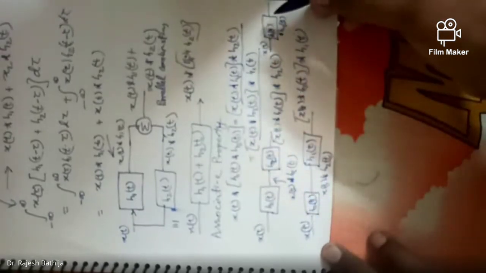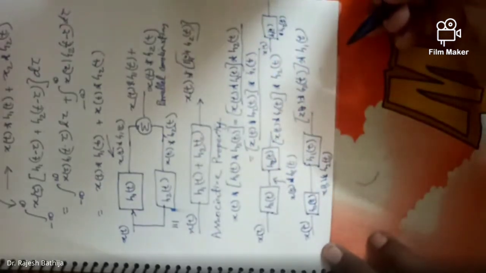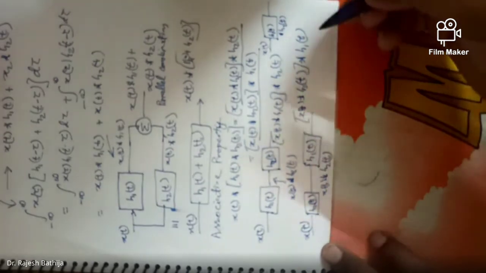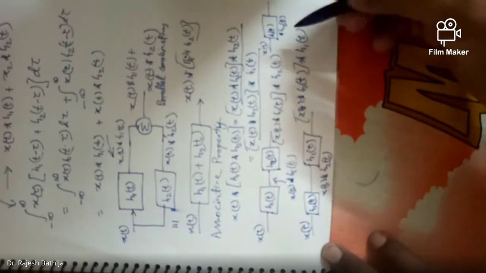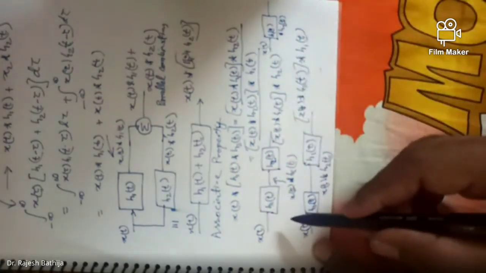I will get x(t) convolved with this impulse response, h1(t) convolved with h2(t). So if I write it in this form, or this form, or this form, these three systems are equivalent.